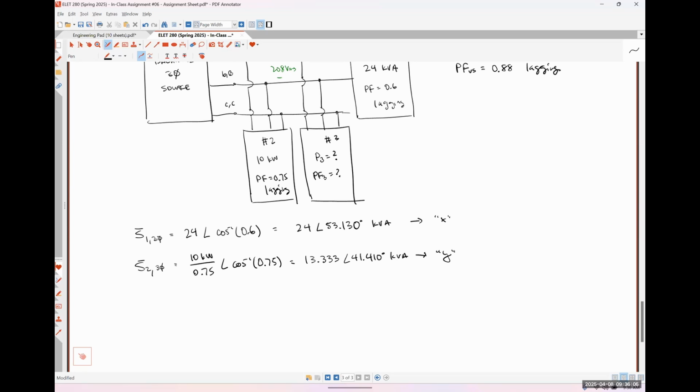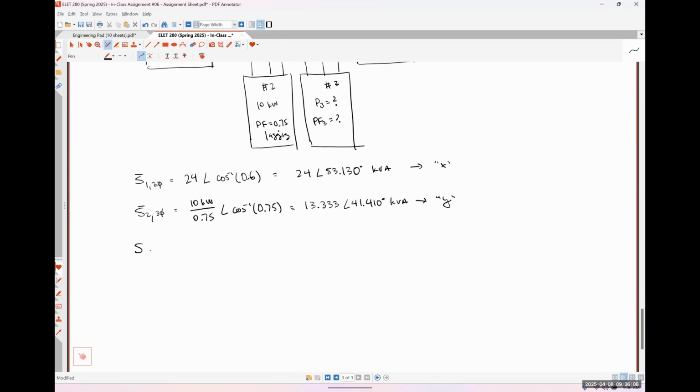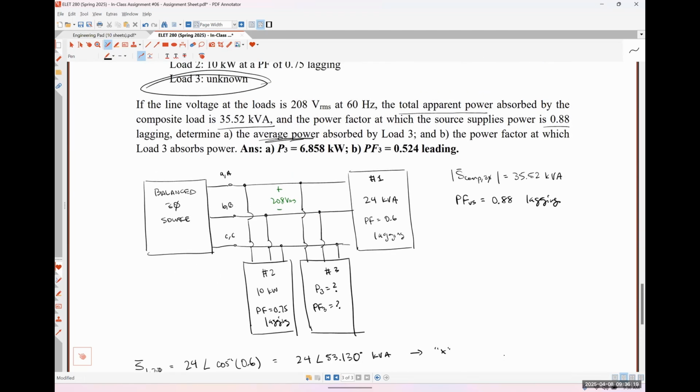So what about our composite? It gives us our apparent power. And then we are told about the power factor at which our source is supplying power. Because we don't have any transmission line impedances to deal with, the power factor at which our source is supplying power is going to be the same thing as the power factor at which our total load is absorbing power, right?